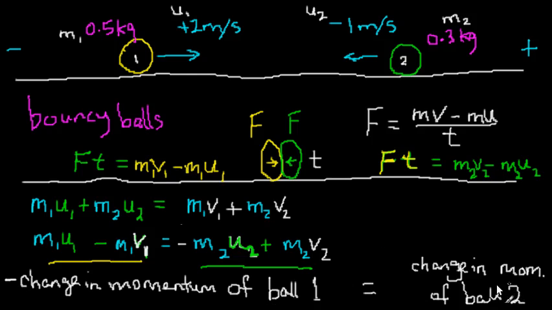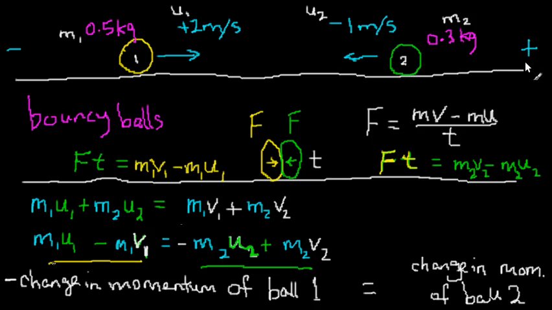Let me just tie up one loose end. There's this minus sign there that I've not explained. And the reason for that comes from here. It comes from the fact that the two forces here are actually equal and opposite.